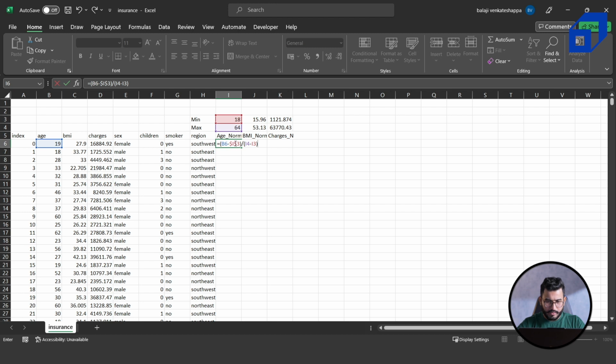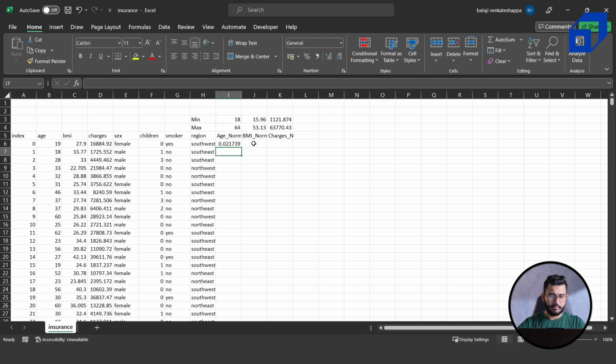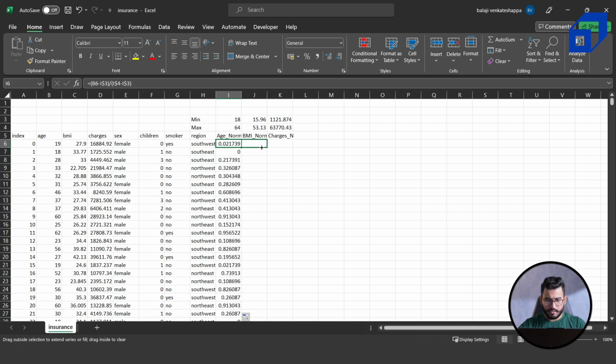Let's not freeze the column, so that if I extend the formula this is not getting fixated. I'll just fix the row, $4 and $3, and let's enter. Let's try to apply it on the entire column and extend it to BMI and charges also, and to all the rows.